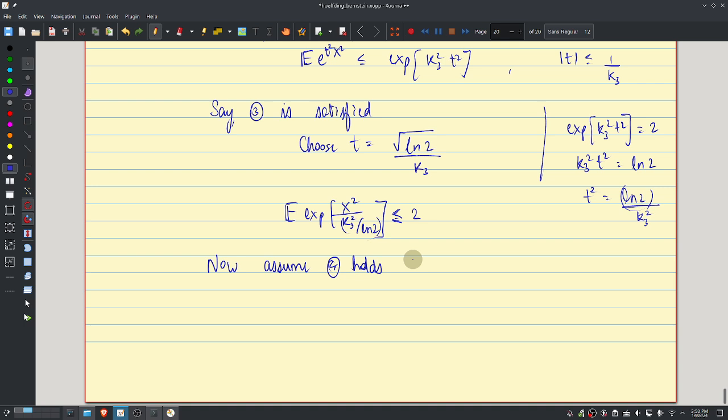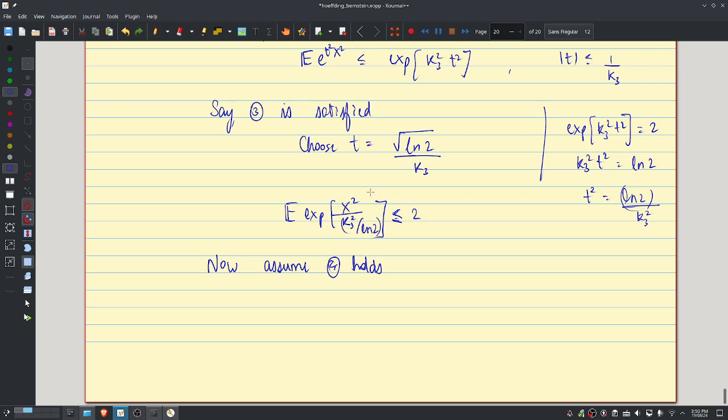Any other questions? Correct. No, again, right? If I choose a larger value of the constant here, the left hand side becomes smaller.